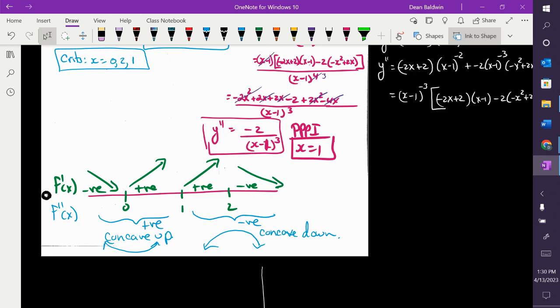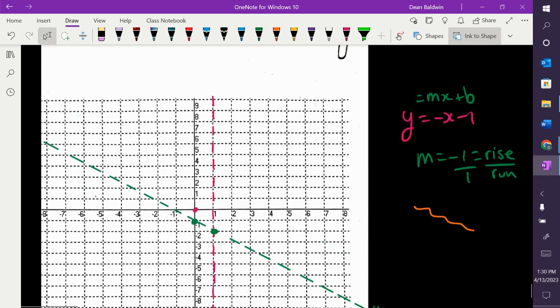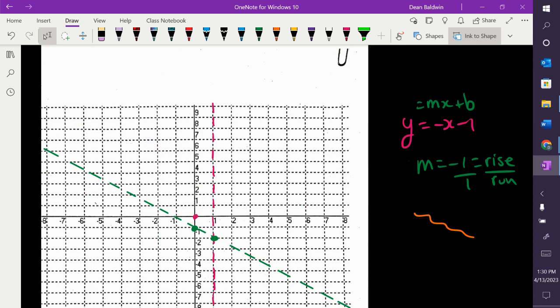Okay? So, if we go back to the graph, we are coming down, decreasing. This is our min right there. You can't touch the asymptotes, right? And we're concave up.